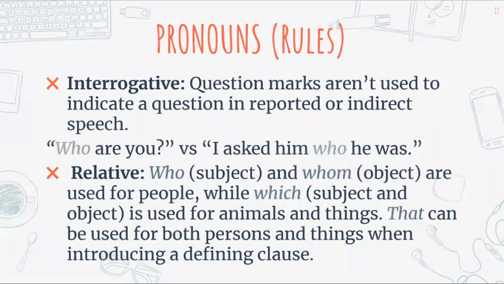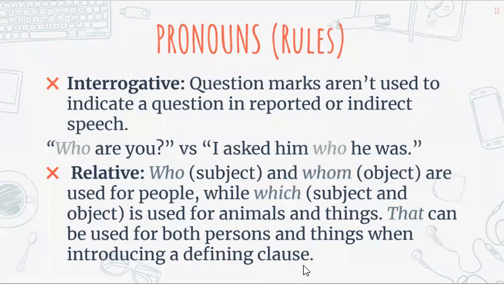But "I asked him who he was" means that the speech is reported. It's not direct speech. It's not "Who are you?" It is "I asked him who he was." So the question mark doesn't need to be at the end of the sentence.